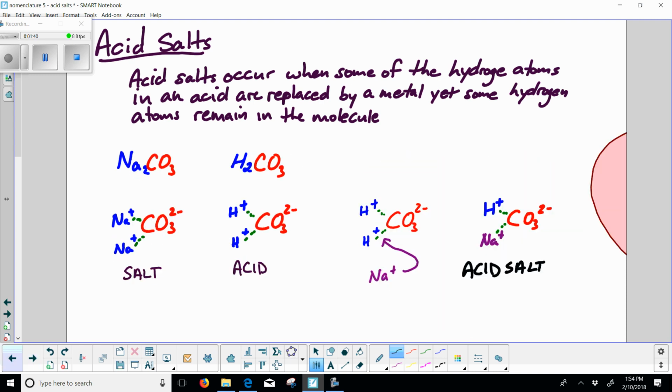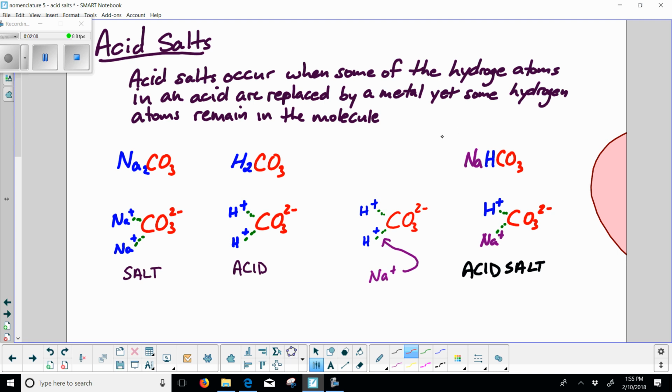Now, before I forget, when we name this, we have to have a special naming system. When we write the formula, you always write down the metal first, just like we did before. Then you indicate how many hydrogens there would be. And then you'd indicate the ion that is present. So what we have here is a sodium hydrogen carbonate.